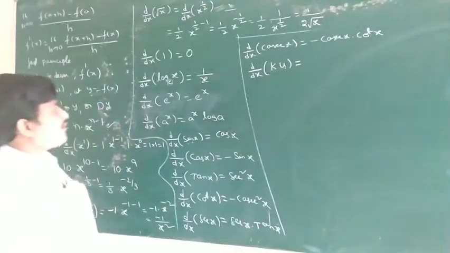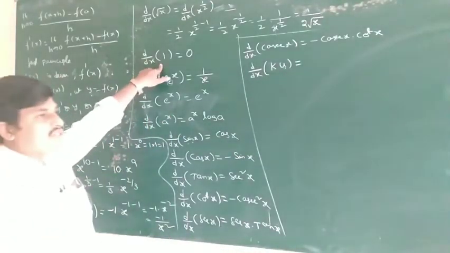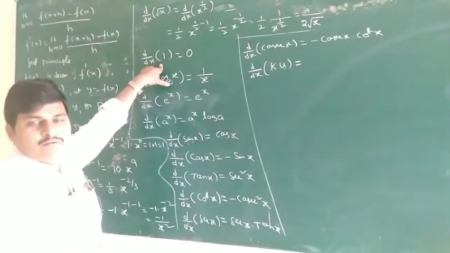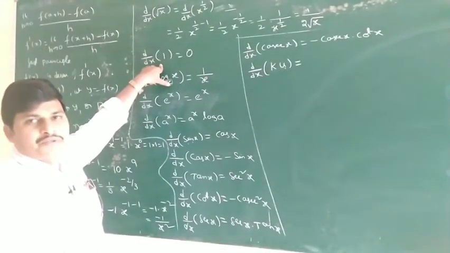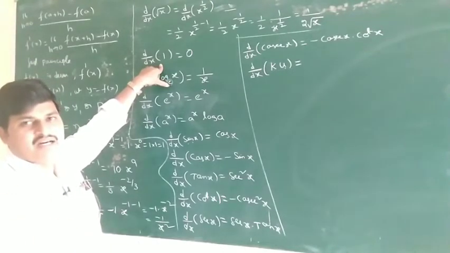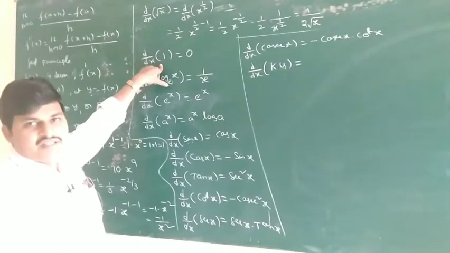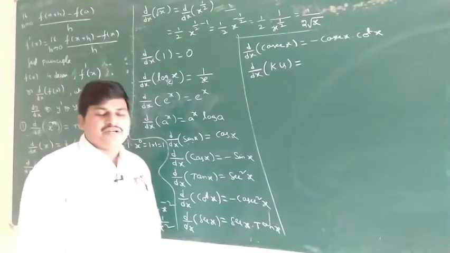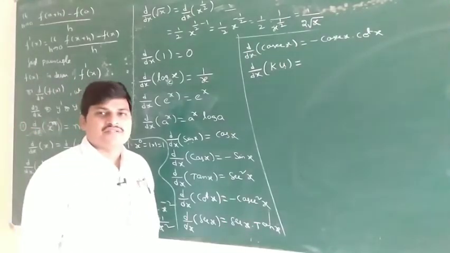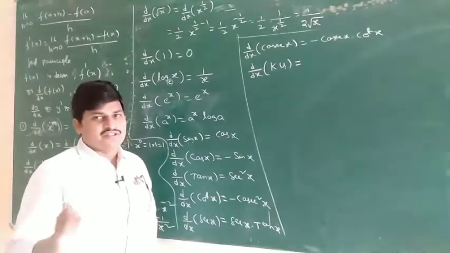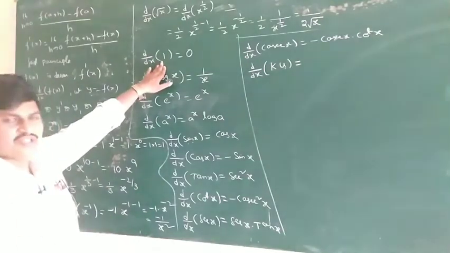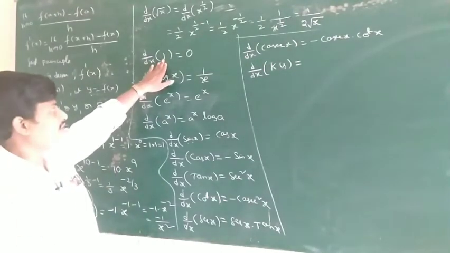Derivative of a constant is equal to 0, but only for a pure constant. Derivative of a constant into another variable or function is not 0. Only a pure constant has derivative 0.